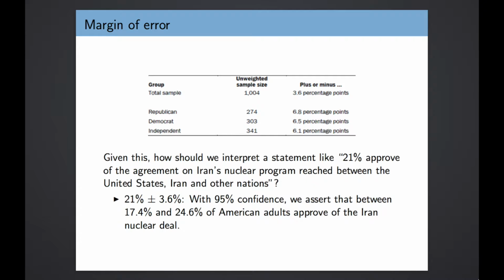They also provide us this 95% confidence interval. This is sort of a range in which they're pretty darn sure that the actual proportion falls. So between 17.4% and 24.6%, they're very confident that in that range is the actual proportion of American adults in the entire 200 million plus population who support this deal.